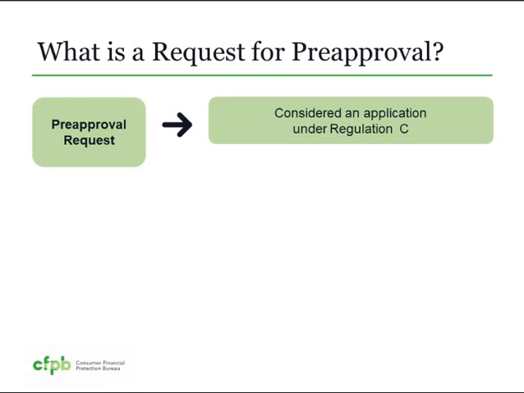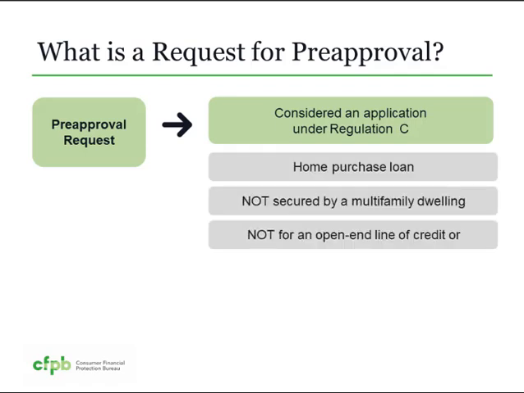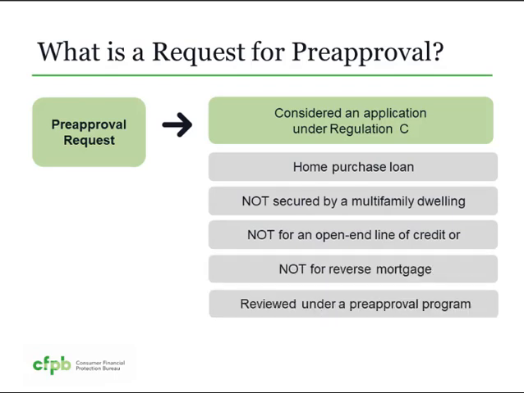A request for a pre-approval is considered an application under Regulation C if the request is for a home purchase loan that is not secured by a multifamily dwelling, that is not for an open-end line of credit or reverse mortgage, and that is reviewed under a pre-approval program.